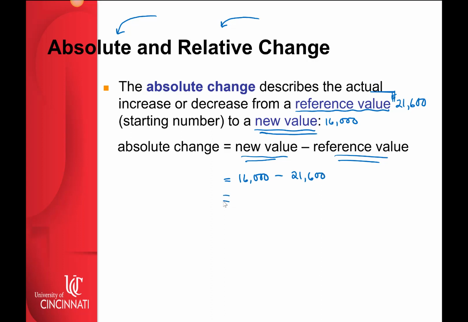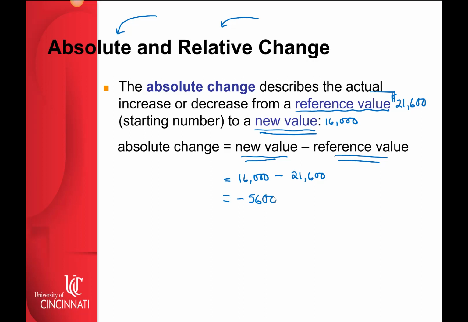What's that going to give you? It's okay to use your calculator. If you take the 16,000 and subtract the 21,600, do you get a negative 5,600? The absolute change is a negative 5,600.